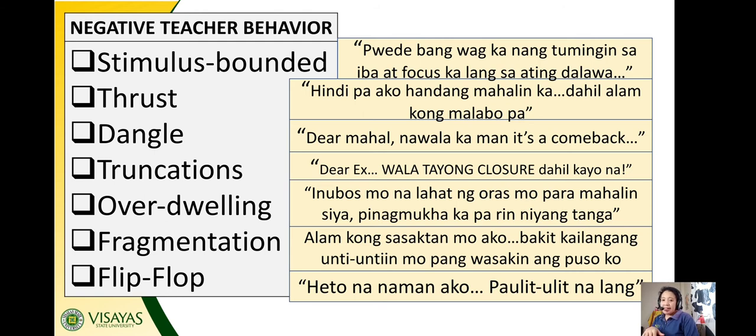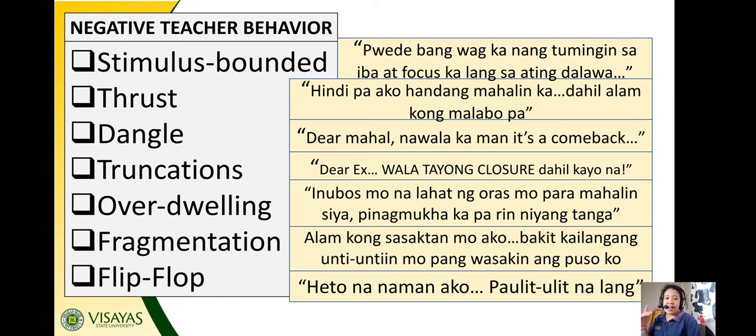Dangling naman. Dear mahal, nawala ka man, it is a comeback. Ibig sabihin, dangling, hanging activity. There is a hanging activity, tapos nagbigay ka ng another activity. Ay, sandali. May mali dito sa quote natin, class. Kasi dangling is, hanging yung activity, then nag-proceed ka sa another activity.